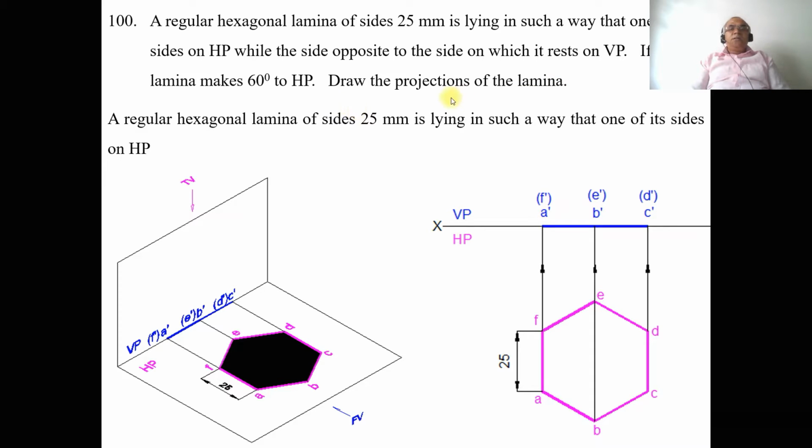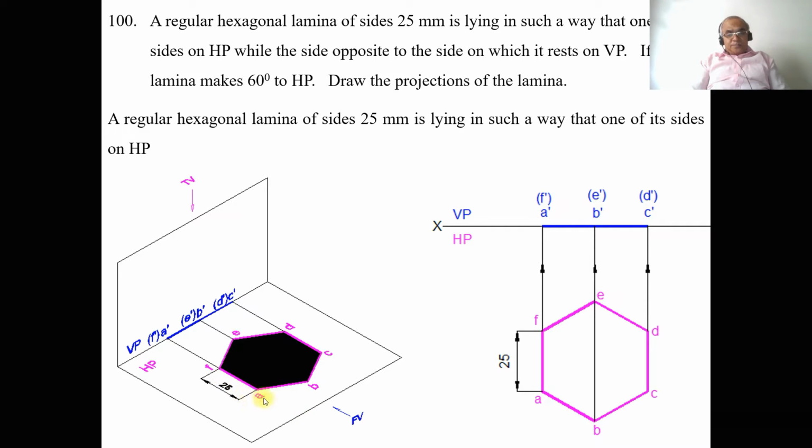Since it is resting on HP, obviously we have to start from HP, and also the surface is inclined to HP, so you have to start the problem from the top view. Also, one of the sides is resting on HP, so you place the lamina in such a manner that the side is perpendicular to VP.